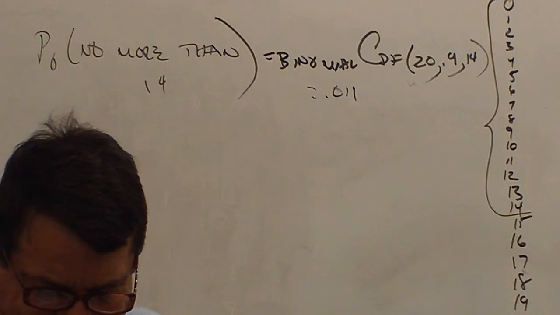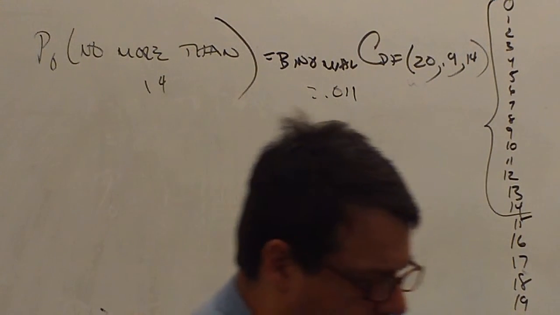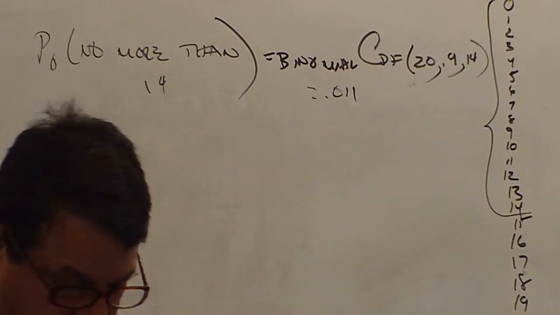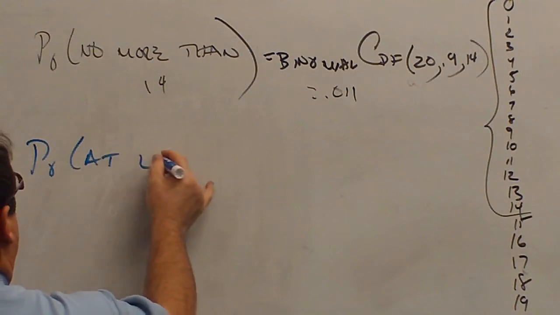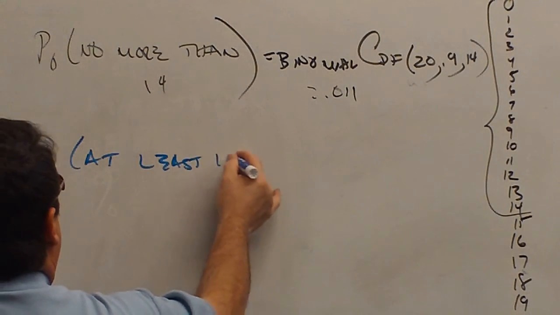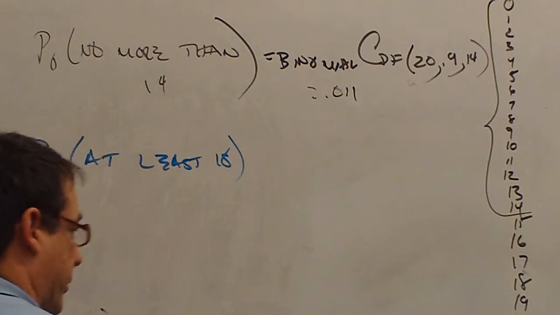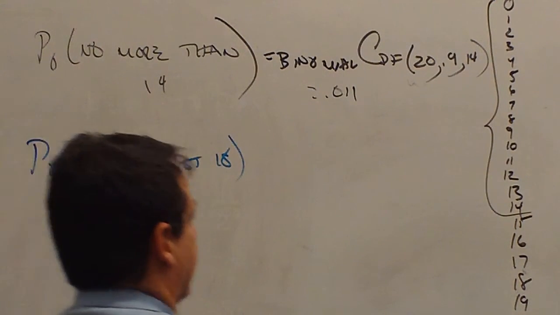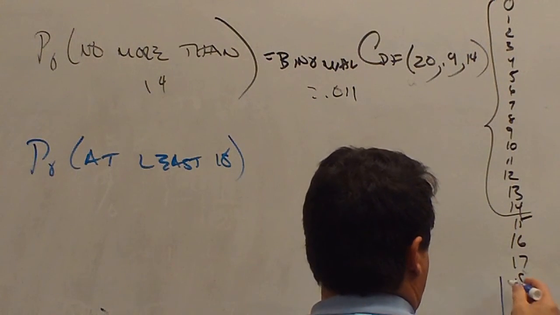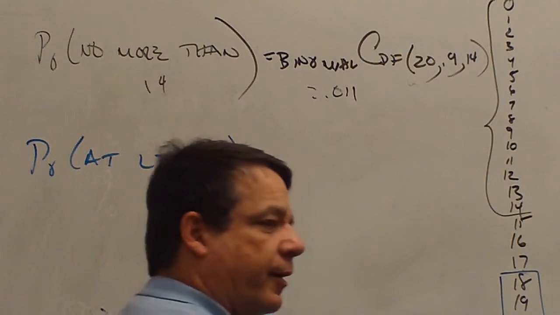What is the probability that at least 18 of these students will purchase textbooks? All of these would be at least 18, right?